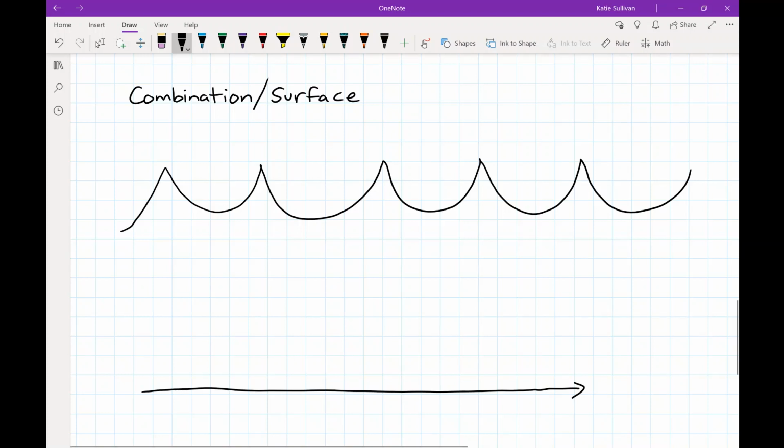We use some of those same words. We call the top part the crests. We call the bottom parts the troughs still. But here, we're going to have a combination of those movements.